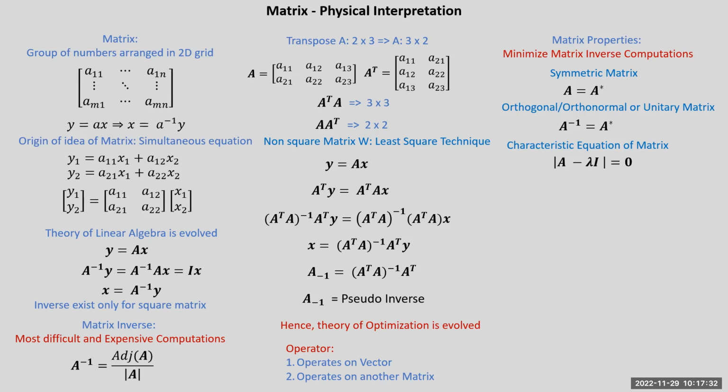So if you solve this equation by computing the determinant, you'll get a polynomial in terms of lambda, and that can be solved to find out various roots of lambda. So typically, if it is an n by n matrix, you'll get n values of lambda, or you can say eigenvalues.